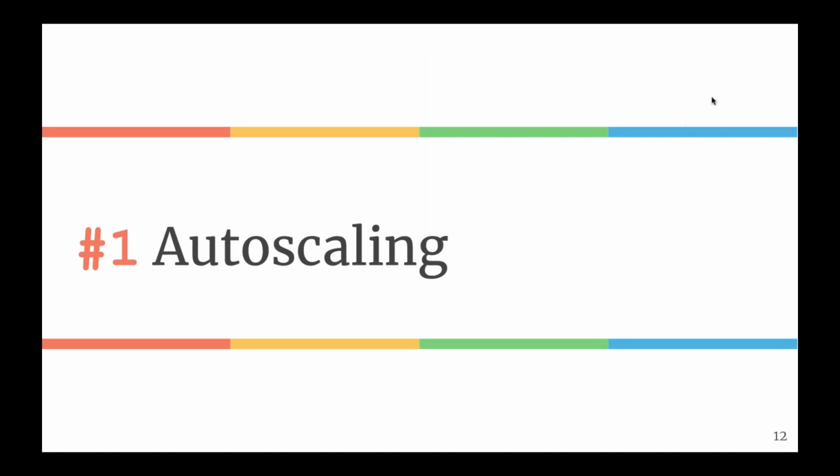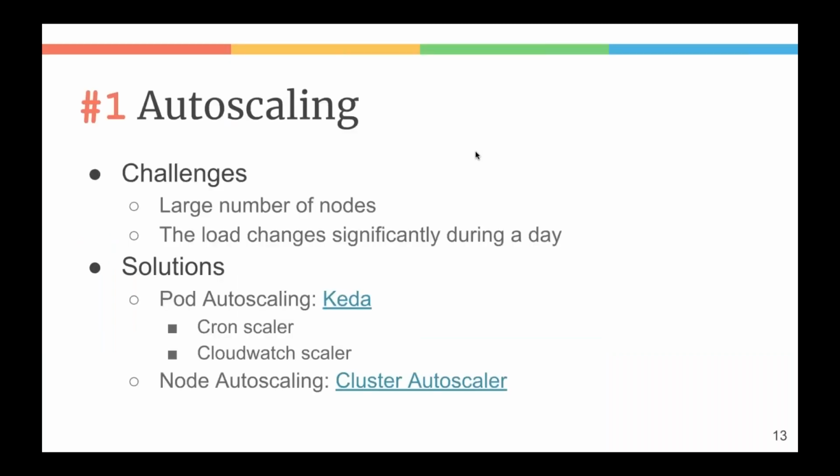Let me share about the challenges we have faced in SmartNews. First, let's start with autoscaling. We have mainly two challenges here. As Marc mentioned, our workloads have increased a lot recently, almost doubled compared to last year.